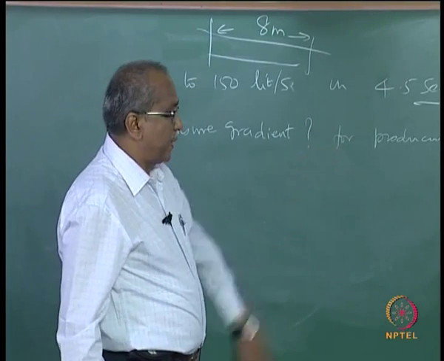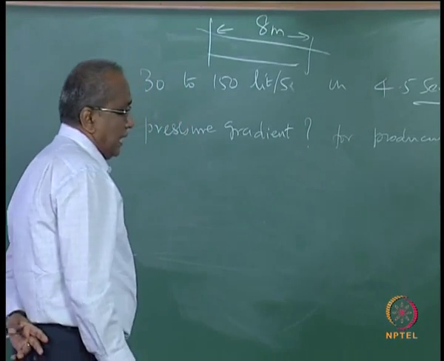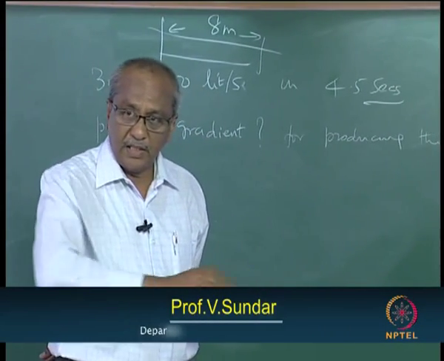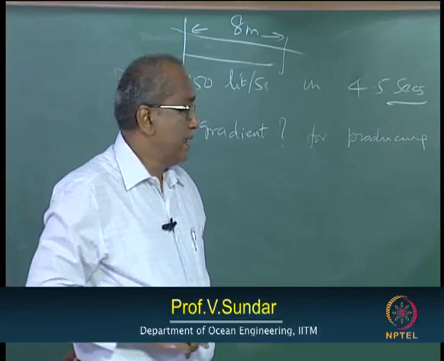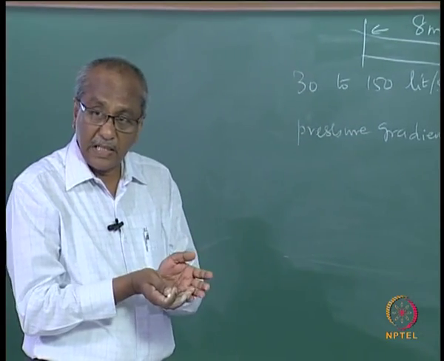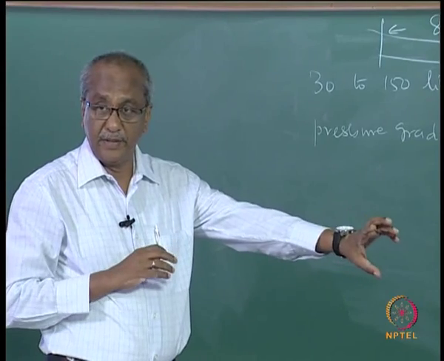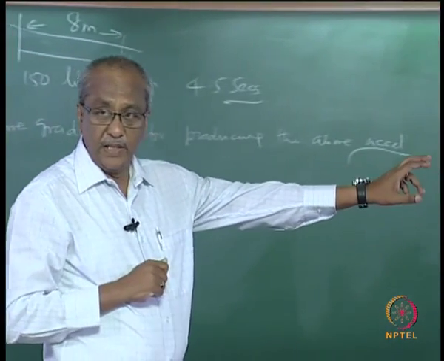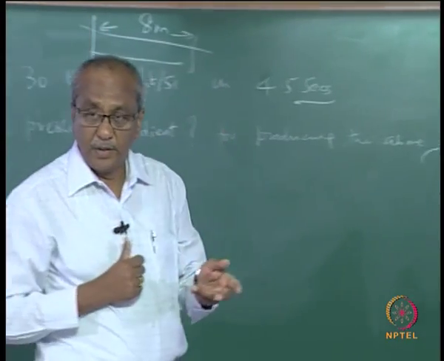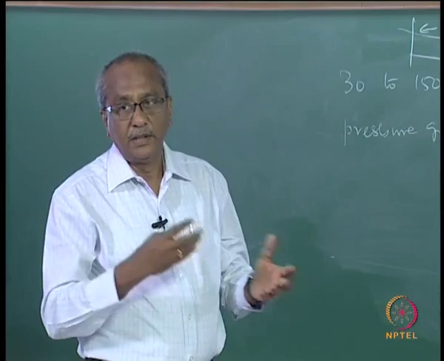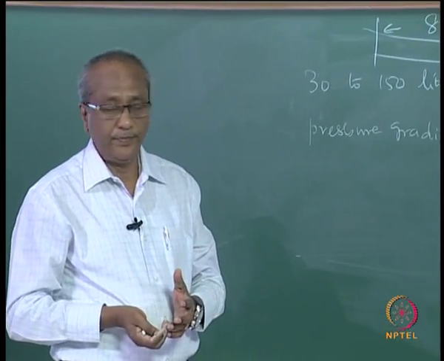For example, in this problem, has anything been said about the pipeline? The pipeline can be horizontal or inclined, and it can be of constant diameter or varying diameter. We took such examples when we were discussing the different types of flow.